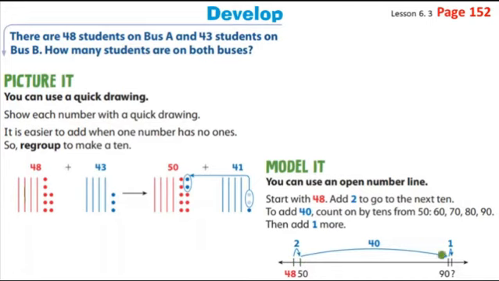I did that 40 jump, which is right here, and then added that 1. So this 1 right here is right there, and that 40 is right there. I had my 50 here because I moved it all over. I could have started at 50, but I wanted to show you that we can start at 48, add the 2, do a 40 jump, and then a 1.